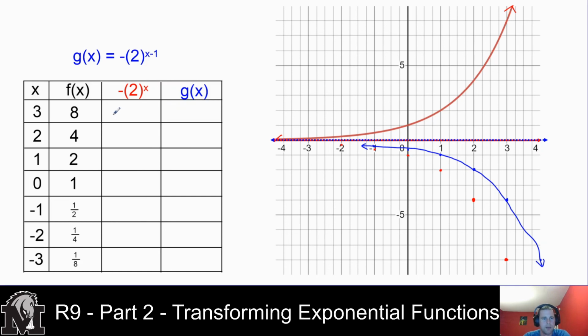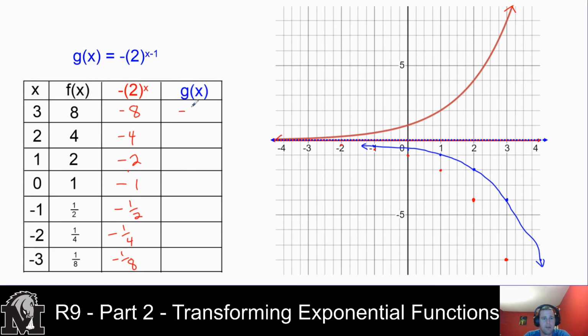So our table of values, we're reflecting in the x-axis. So we get all of these values turn negative. And then I would plug in this 3 here. So 3 minus 1 is 2. 2 squared is 4.